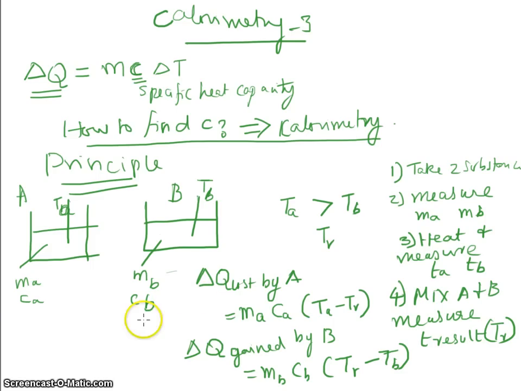So by the principle of calorimetry, delta Q lost by A is equal to delta Q gained by B. So let's do this once again.